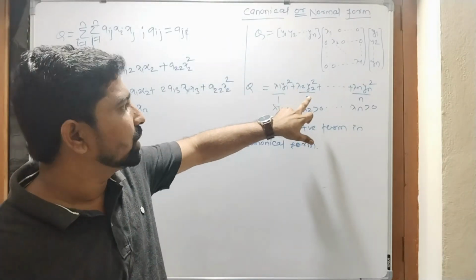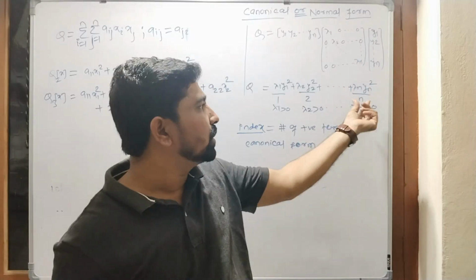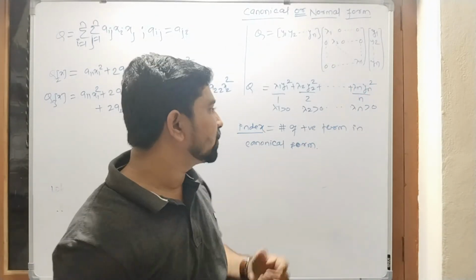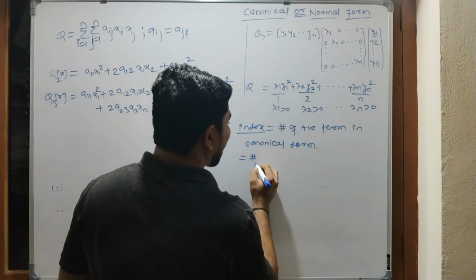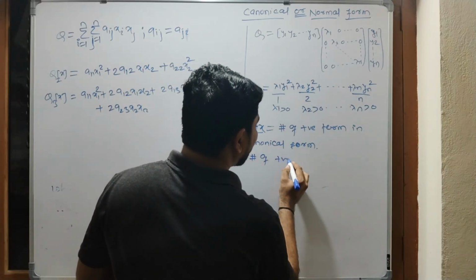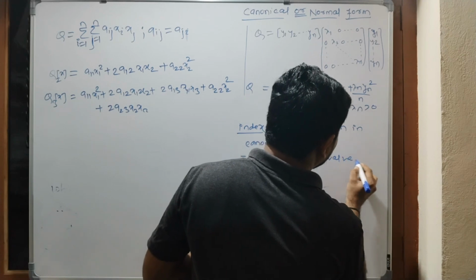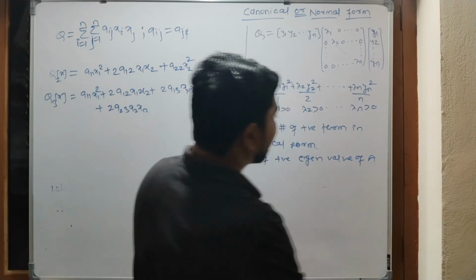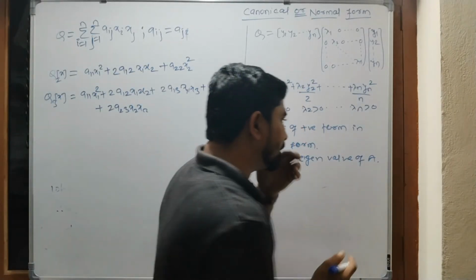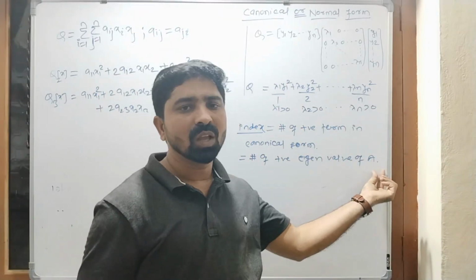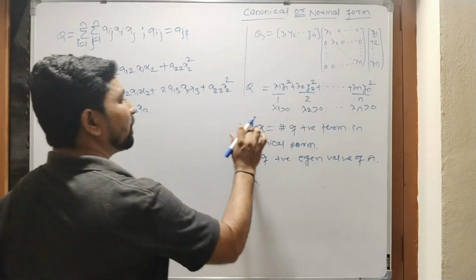If lambda 2 is positive, then this term is positive. In the same way, if lambda n is positive, then this term is positive. So that's why I can say this is equal to the number of positive eigenvalues of A corresponding to the quadratic form Q, where A is the coefficient matrix. So this is my index.